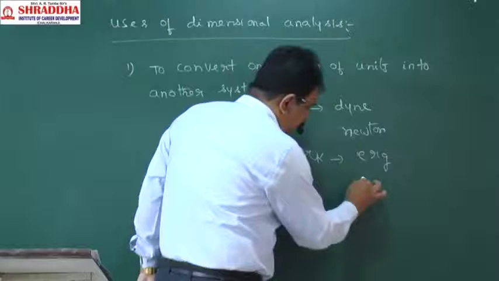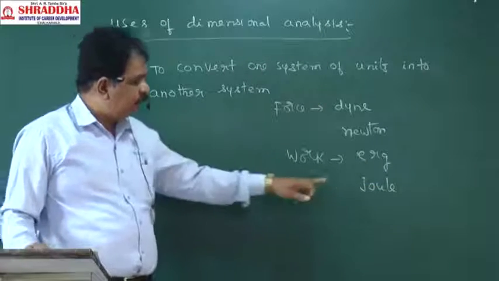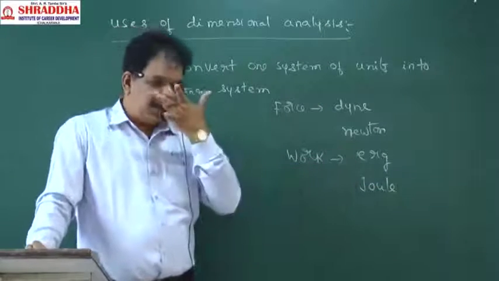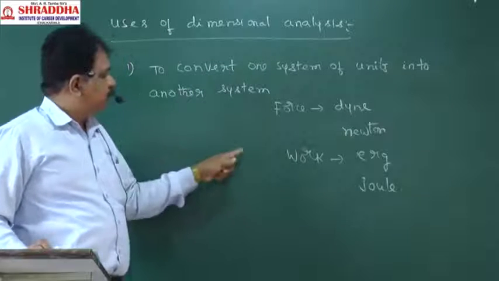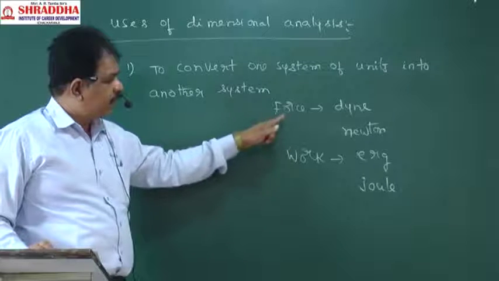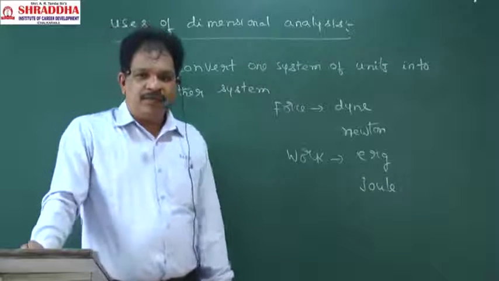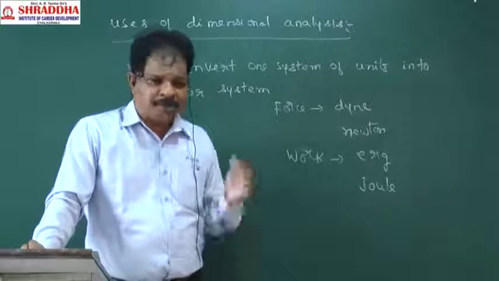The SI unit will be joule. Then 1 joule is equal to how many erg? To identify this, it will be useful. So to convert one system of units into another system, these dimensional formulas will be useful.